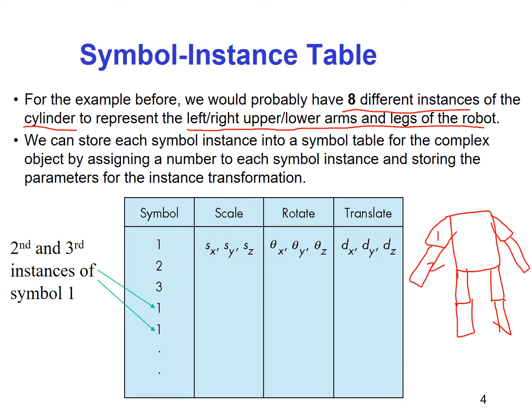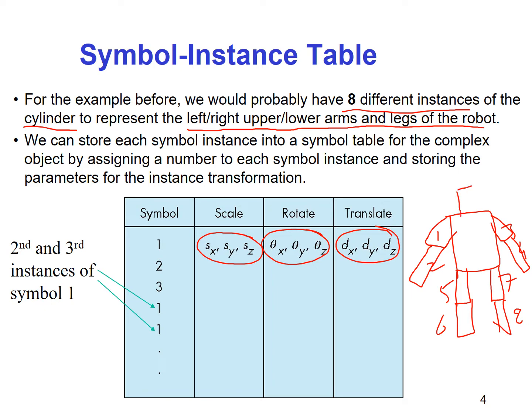So 1, 2, 3, 4, 5, 6, 7, 8. So these are the symbolic cylinders, and we have created 8 instances of these cylinders, each one following perhaps a different scale and definitely a different rotation and translation to take it to the required place in the complex model of the object.